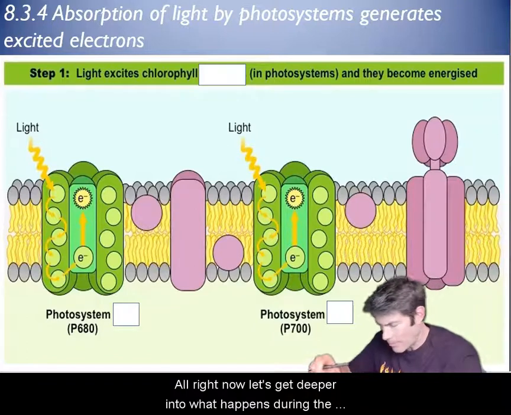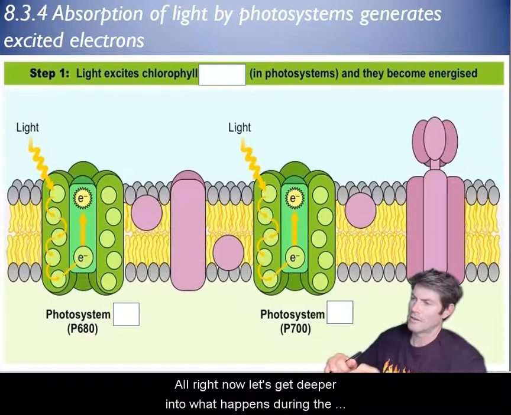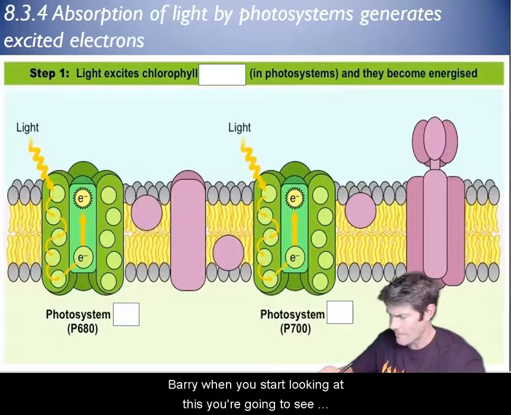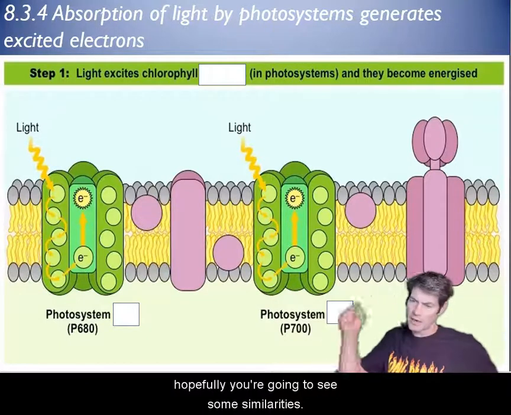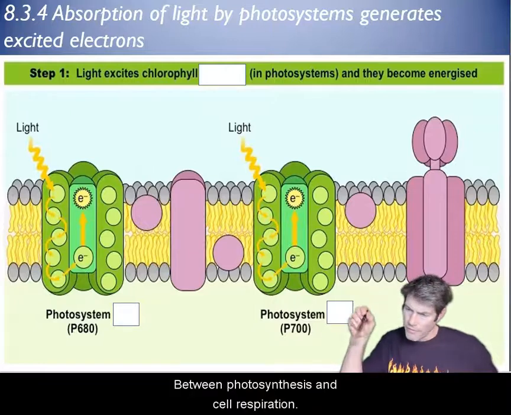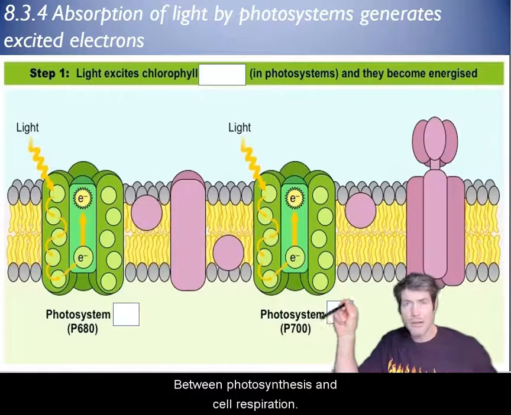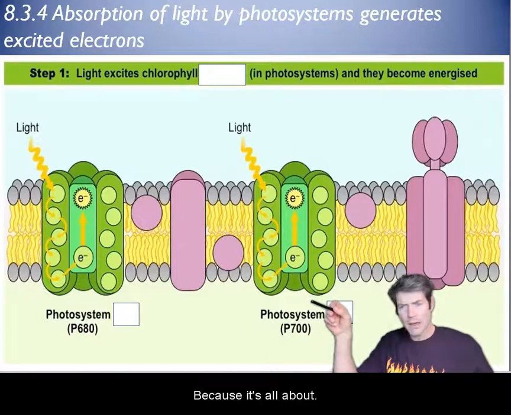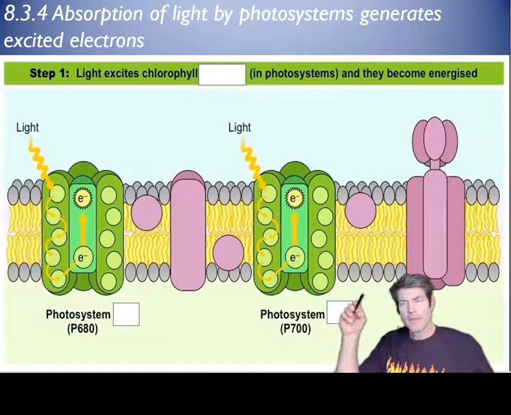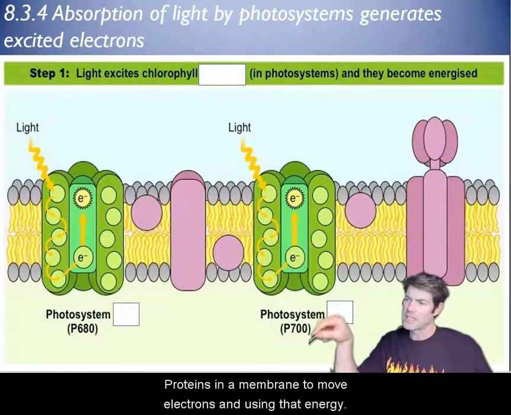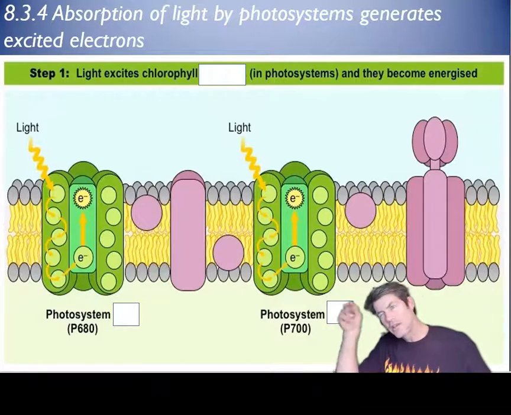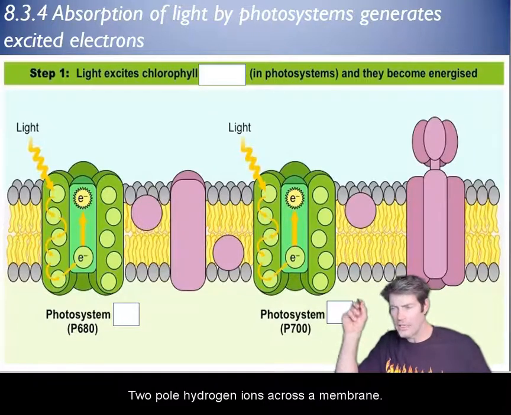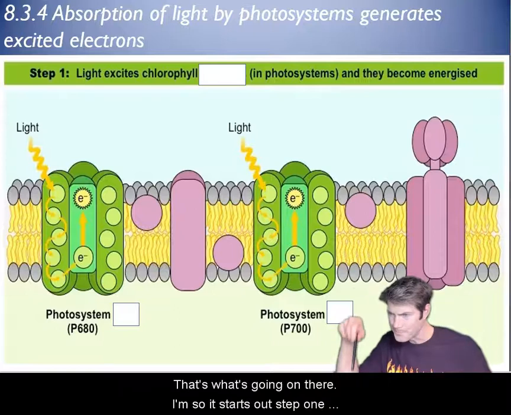All right, now let's get deeper into what happens during the light reactions. When you start looking at this, hopefully you're going to see some similarities between photosynthesis and cell respiration. Because it's all about using proteins in a membrane to move electrons and using that energy to pull hydrogen ions across a membrane.